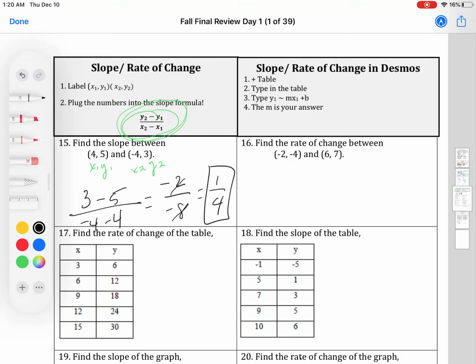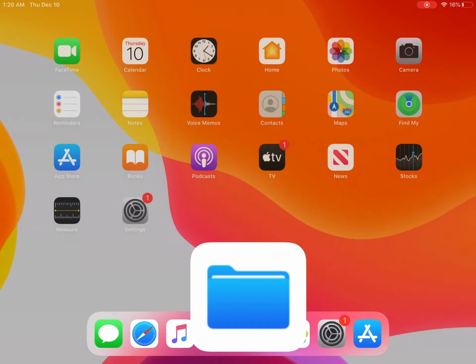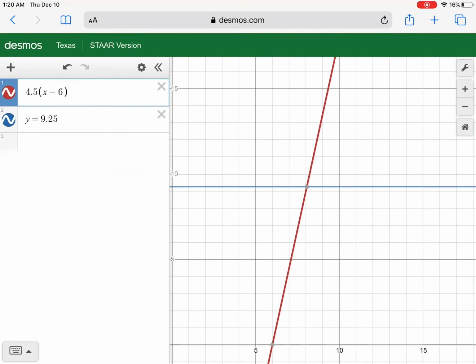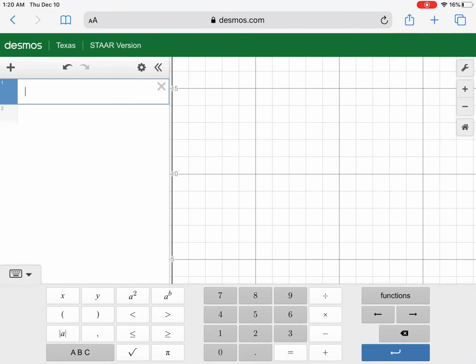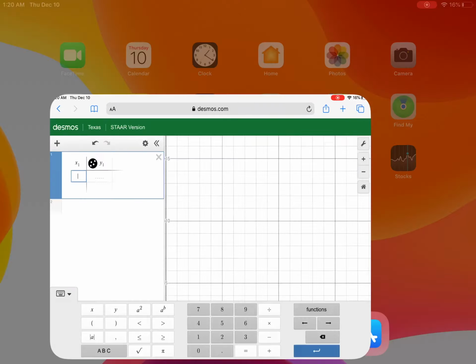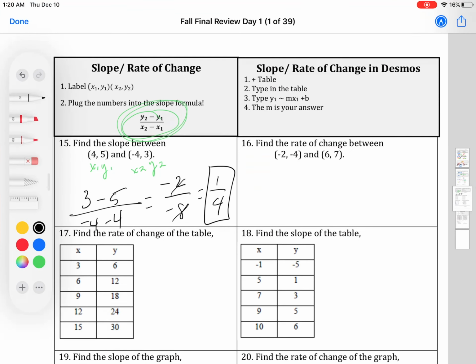Not bad. 16, let's try the same idea in the calculator. So in the calculator, if you ever see the words rate of change, we're going to click the plus sign and insert these numbers into the table. So from my calculator, in the top left, I have this plus sign, and then I have a table. So it says negative 2, negative 4.